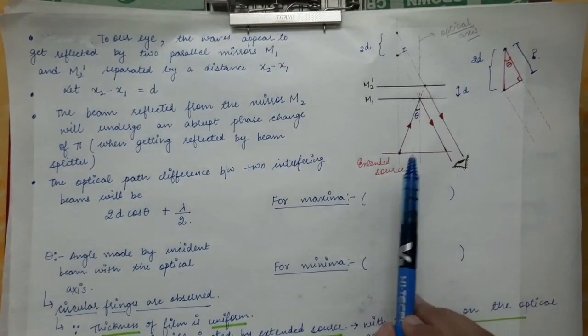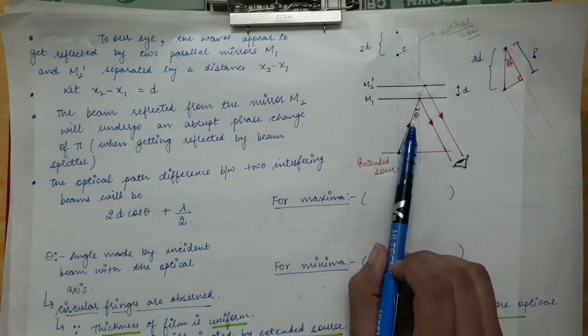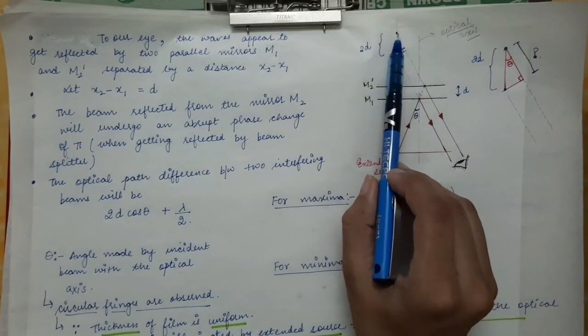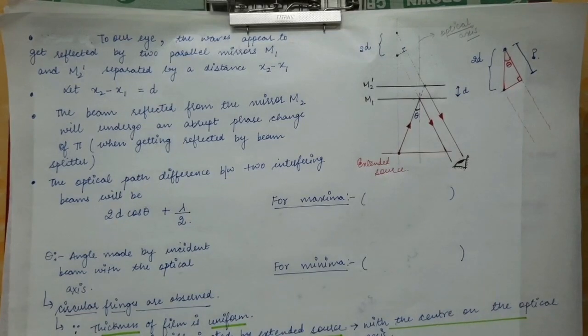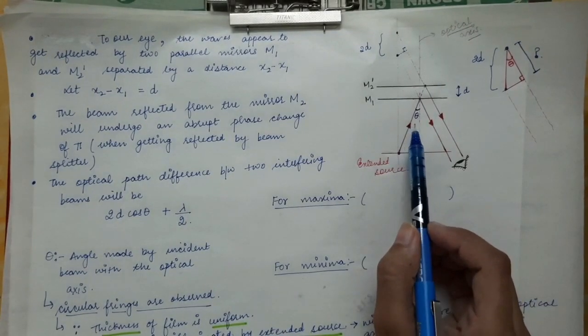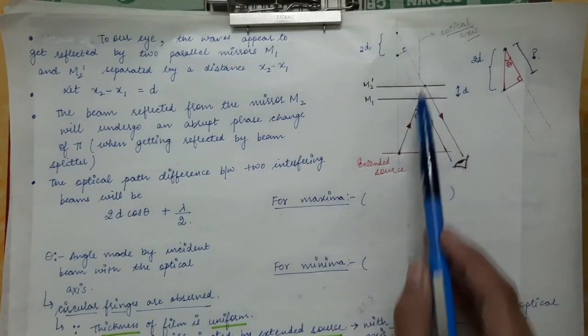Now if the incident ray is falling at an angle of theta, then the angle made by the second ray with the optical axis will be equal to theta. What is theta? It is the angle of incidence, or the angle made by the incident ray with the optical axis.